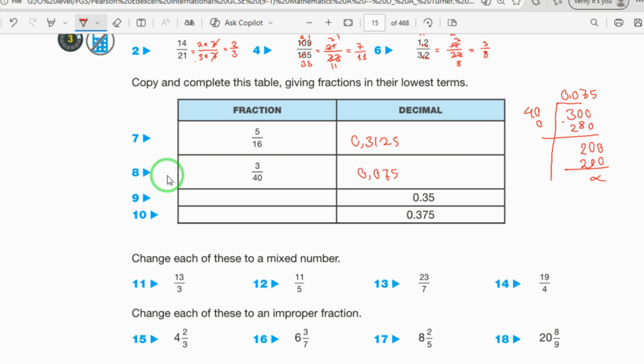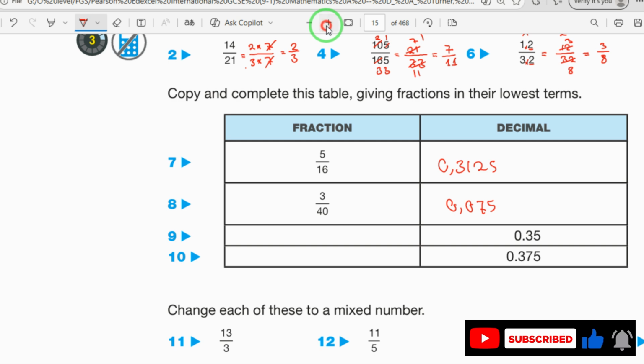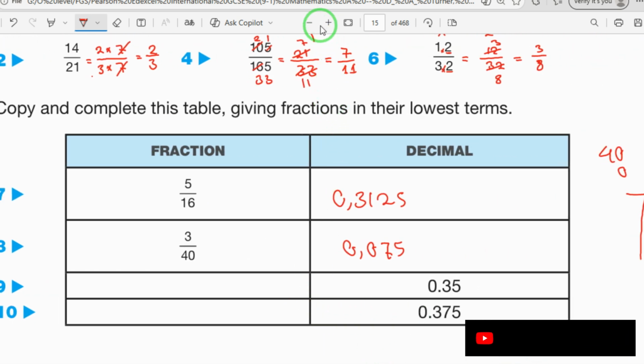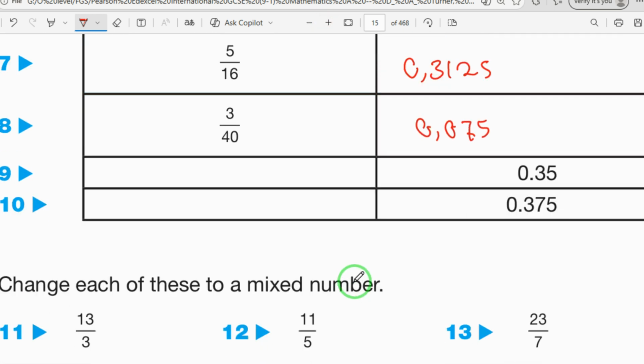We came to question number 9. In question number 9, we should convert 0.35 to a fraction. How can we convert to a fraction? We have 0.35.